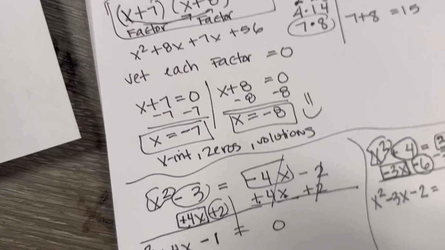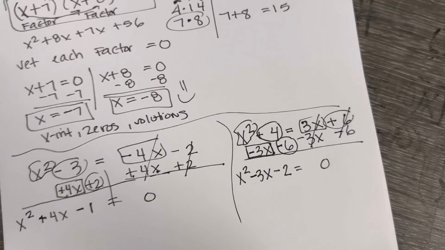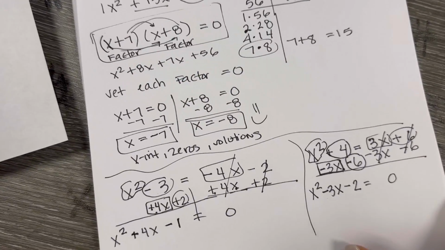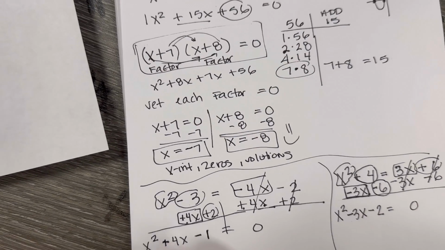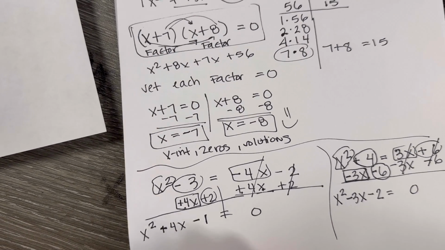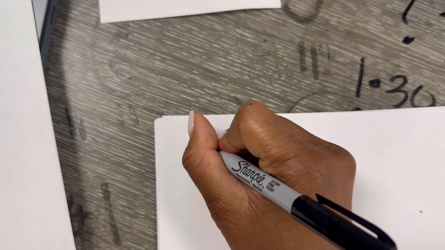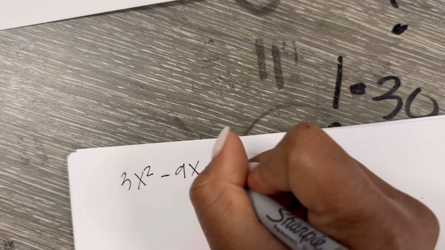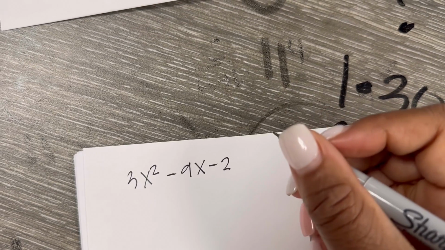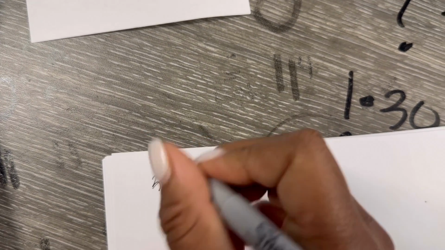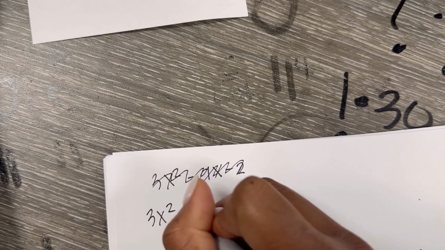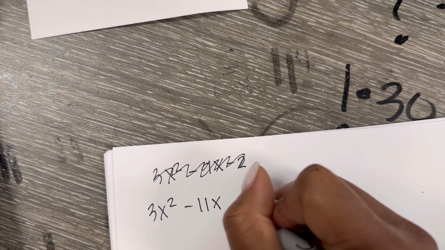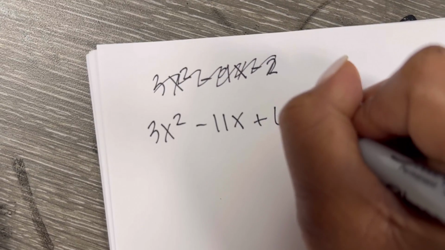Your next step will be grouping. So let's do an example when you have two groups. What if you're given 3x squared minus 11x plus 6 equals 0?